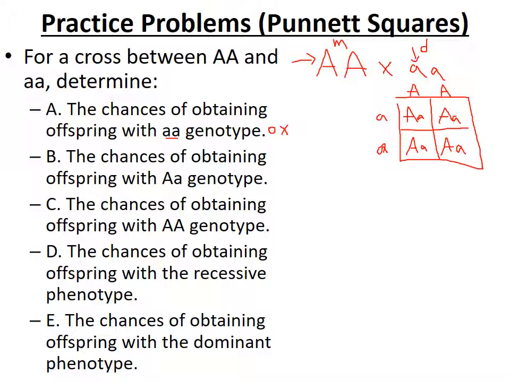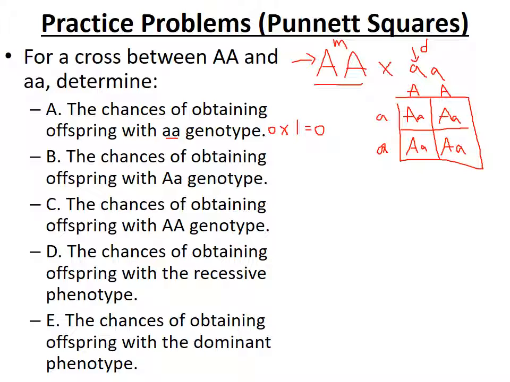Dad will give you little a all the time. So when you have a 100% chance of getting little a from one of the parents, you just put 1, because we're using our fraction form. 1's the highest. So we have 0 from mom and 1 from dad. When you multiply those together, that's 0. There's no way to get little a from this cross because mom can't give you little a.